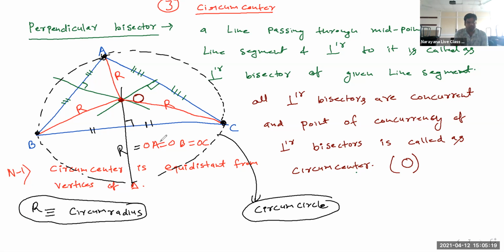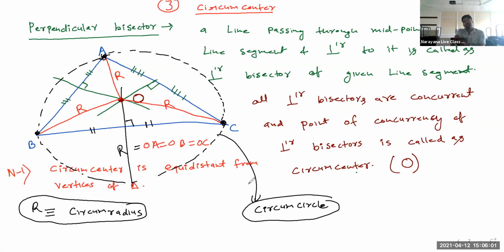So the circle which circumscribes triangle ABC is called the circumcircle of triangle ABC, and the radius of that circle is called the circumradius, and O is called the circumcenter. The center of the circle circumscribing this triangle is called the circumcenter. Got it or not? This is all about the circumcenter.